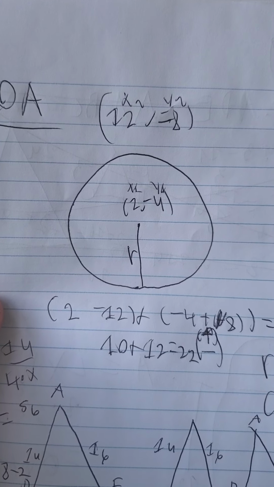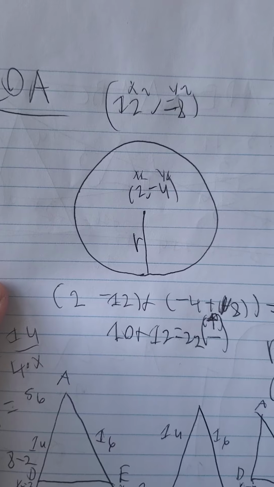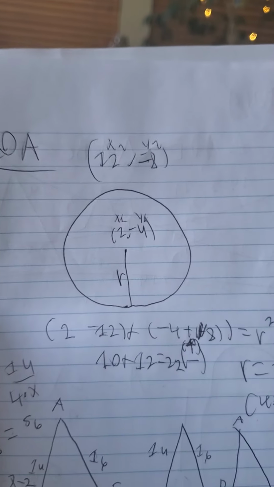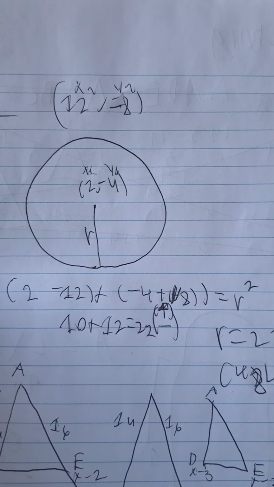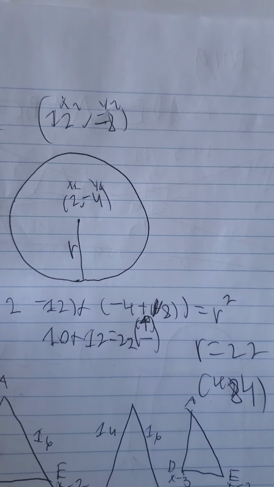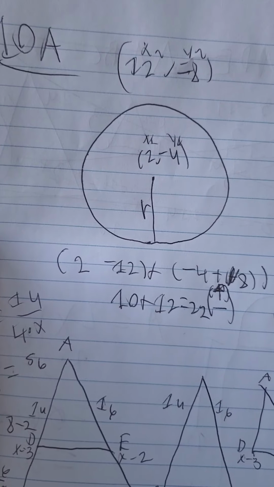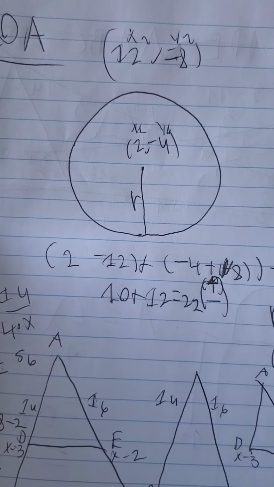And then for the second one, that is 12, negative 8, x2, y2. So then I did 2 minus 12 plus 4, now negative 4 plus 8, which, since a negative and a negative make a positive, that is a plus, which equals r squared. Next to do 10, the 2 minus 12 equals 10 plus 12, which is 4 and 8.